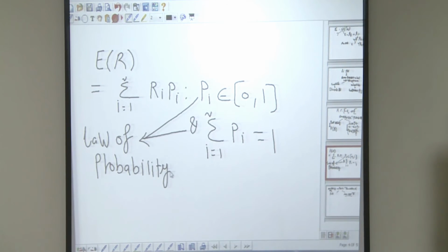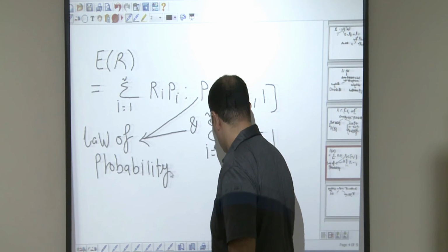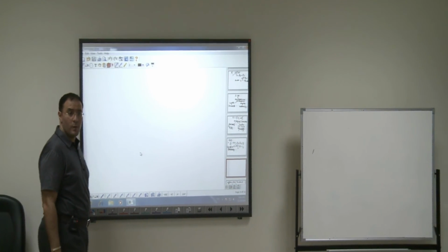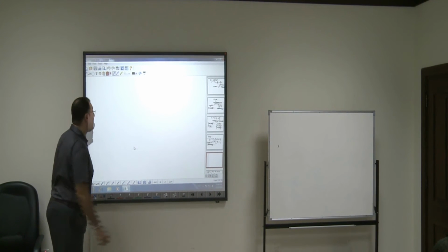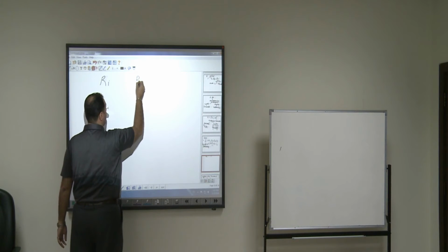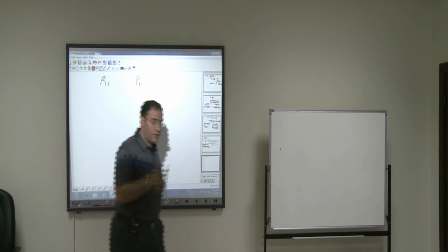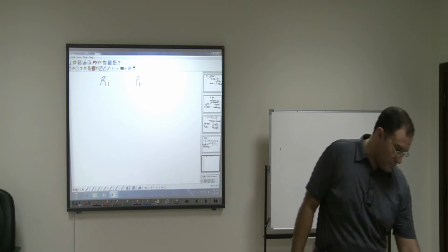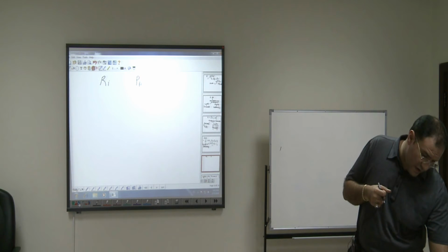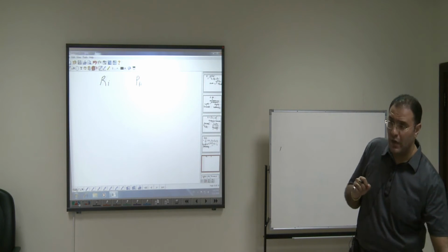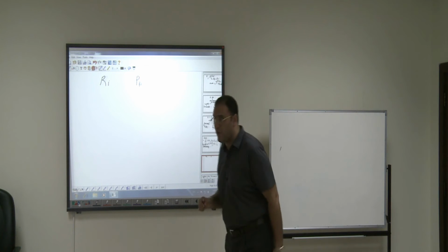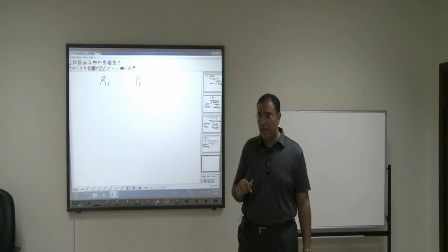What we have is Ri and Pi. We have returns and probabilities.